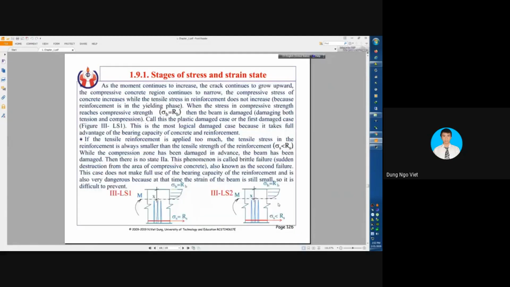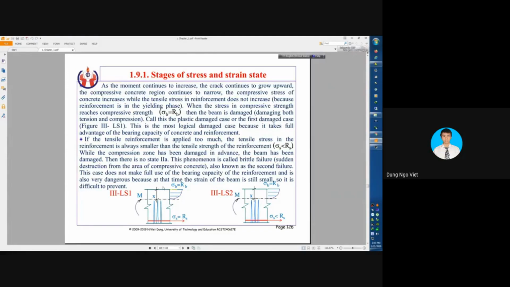As the moment continues to increase, the cracks continue to grow upwards, and the compressive concrete region continues to narrow. You can see here x is the compressive concrete region height, and this region is narrower.